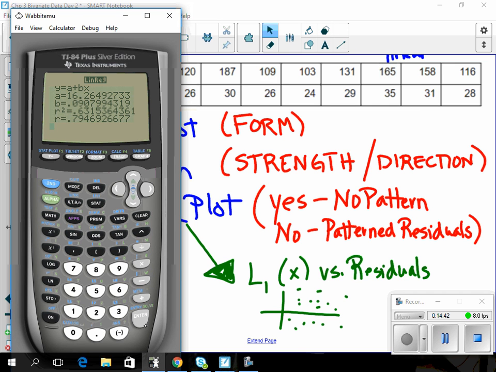What words am I using to describe it? Positive. We're going to say the word positive. I agree. Definitely positive. And what would you say? I wouldn't say strong. 0.7947. Not quite 0.85 or higher. 0.8. I mean, if you're going to say strong, you better use the word relatively.